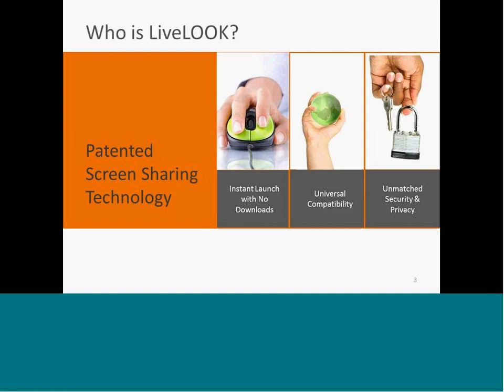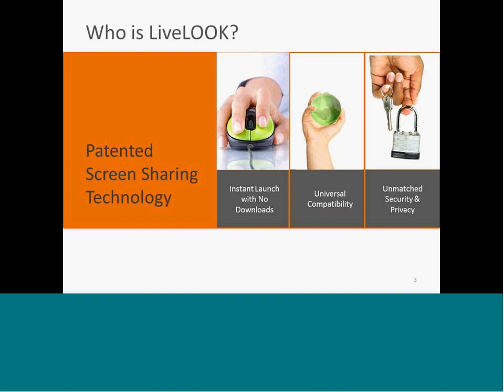You also want to make sure that when you are looking for a co-browse application, that tool is universally compatible. What does that mean? Here at LiveLOOK, our application is agnostic to the operating system that they're using. We don't care if they're on a Windows computer or a Mac computer or whatever.